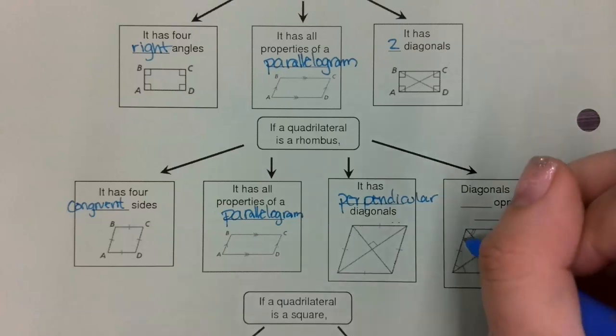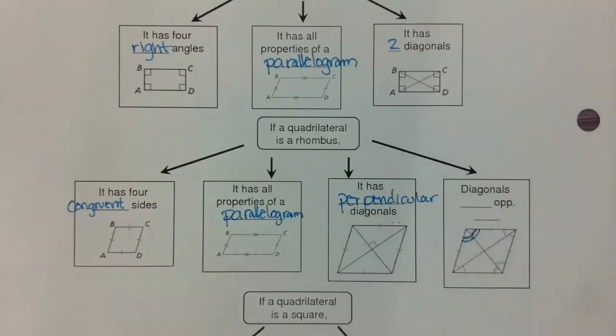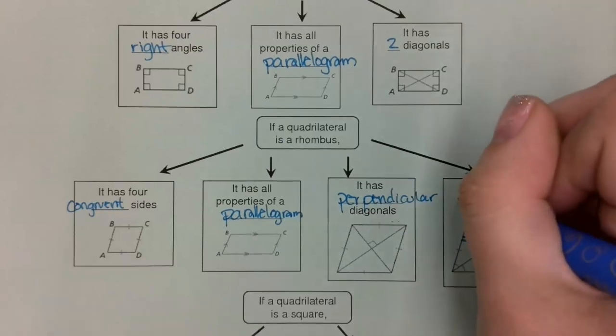And then over here, on this one, the diagonals bisect opposite angles.